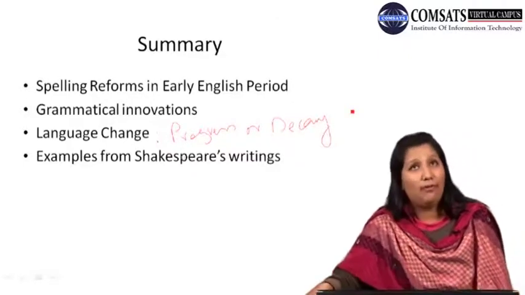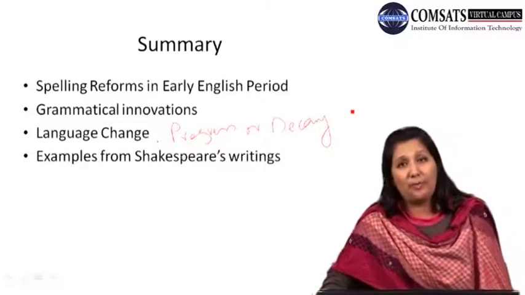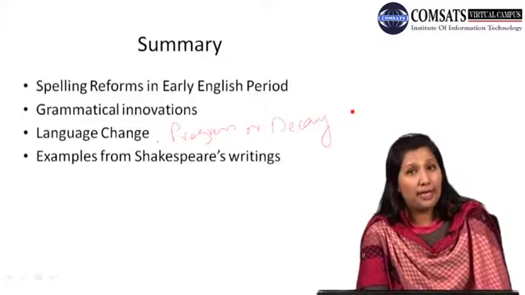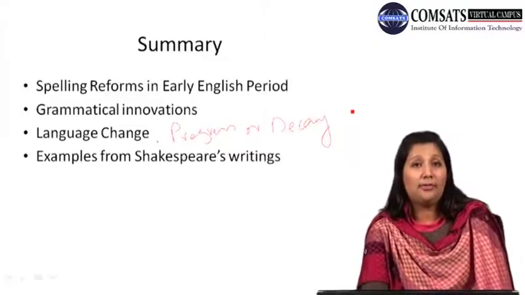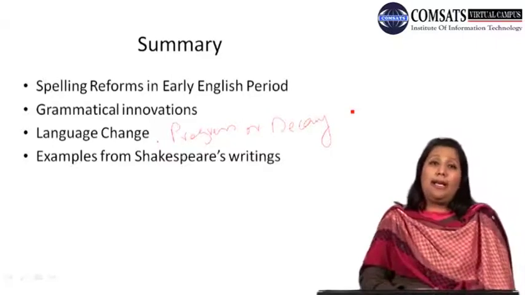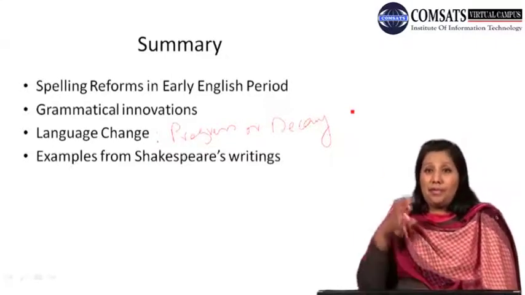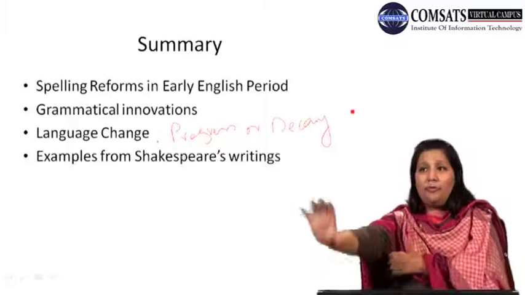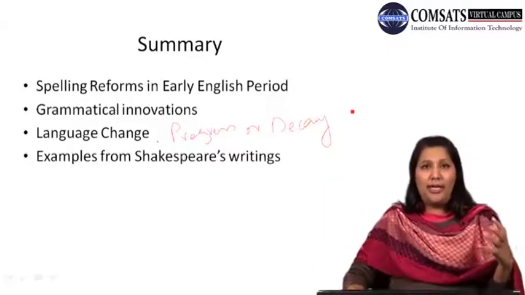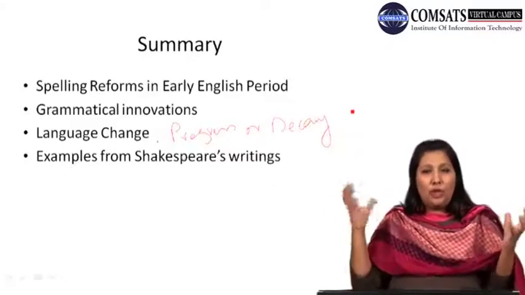We have looked at the contributions of different people, at the different quotations, and that led us to a view that if on one hand one person says it's a progress, on the other hand another would say it's a decay.